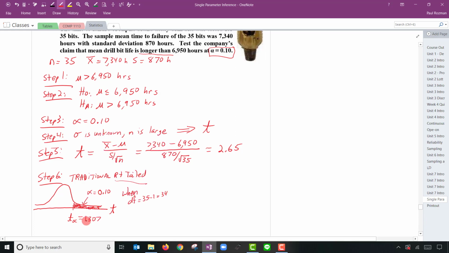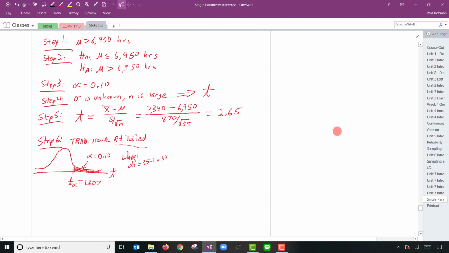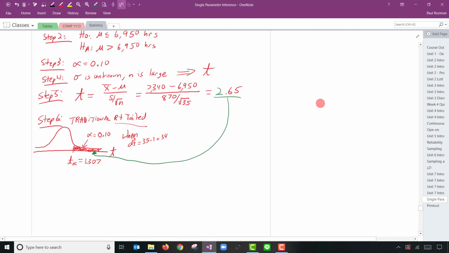Anything to the right of 1.307 is in the rejection region, which our value is. Our test statistic of 2.65 is up here somewhere on this t-axis. So this is strange, we will reject the null hypothesis.